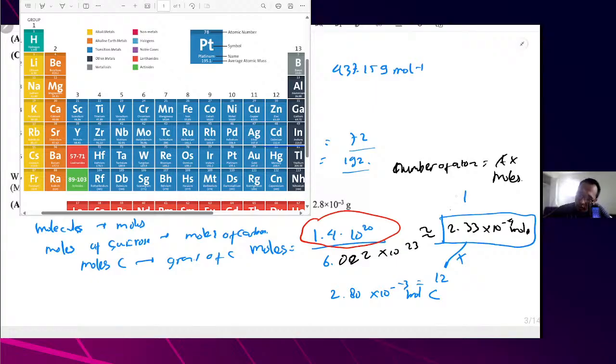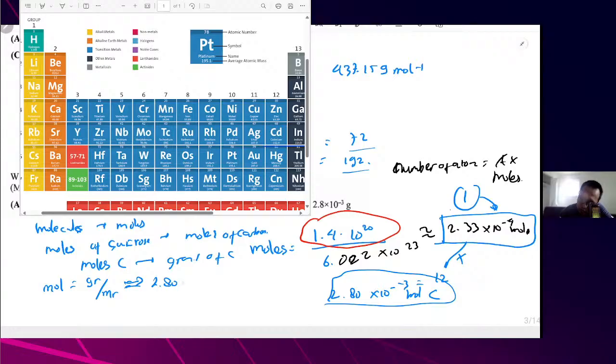This one represents 1, and then we have 12. Now we already got the moles. And then how to get the mass is very easy: moles equals grams per molar mass, or Mr. We plug in the numbers, 2.80 times 10^-3, and this one is 342 grams per mole.